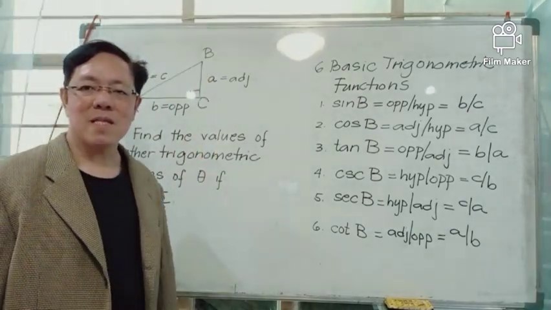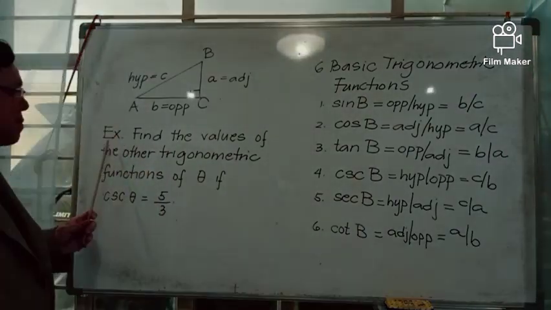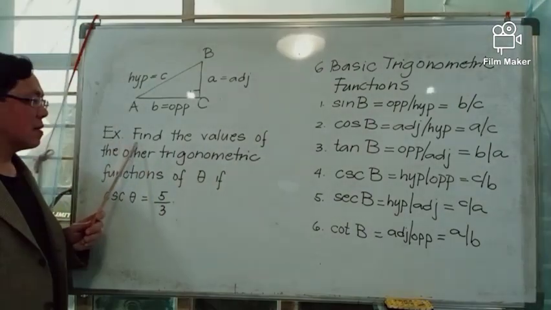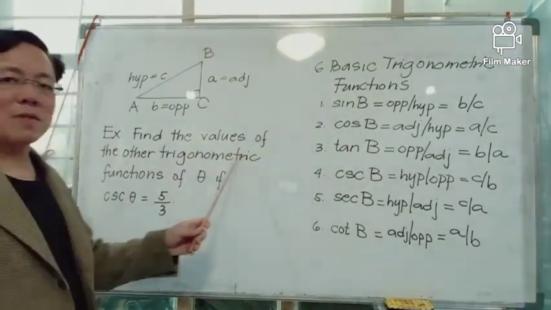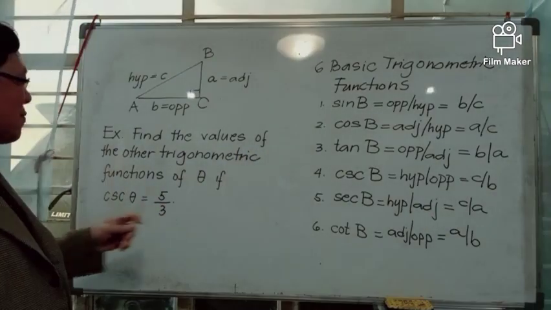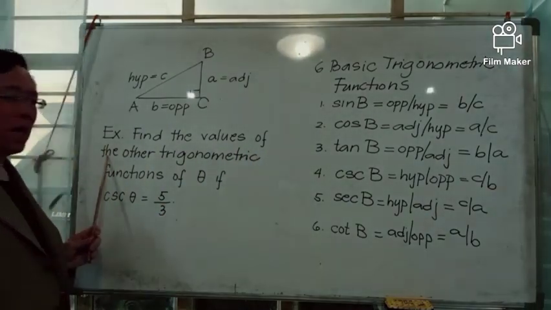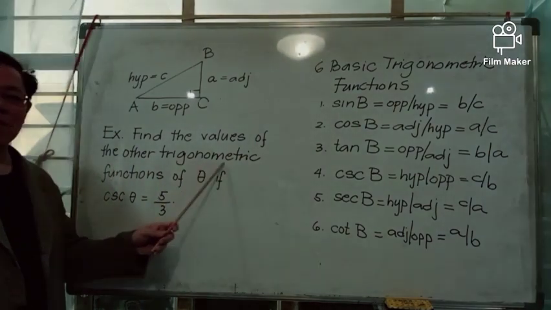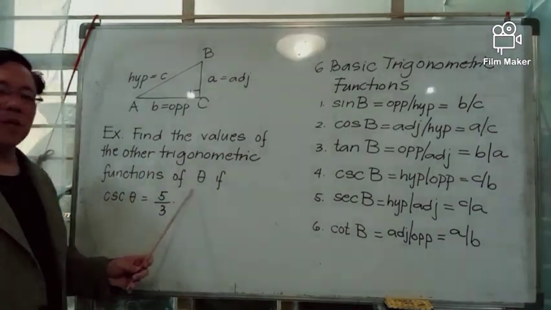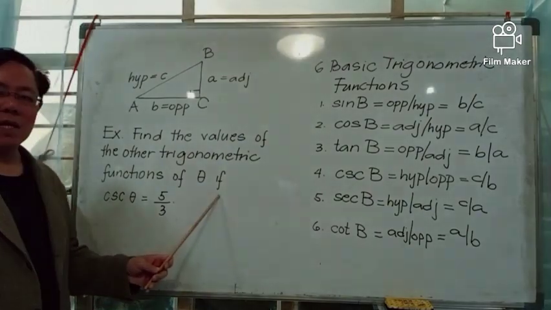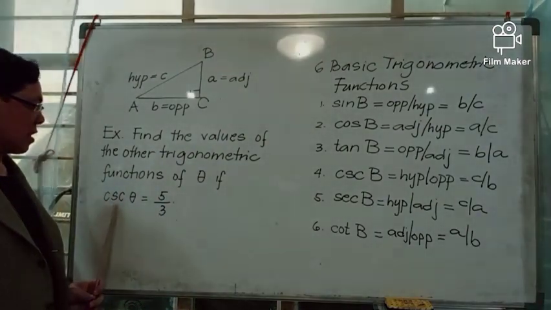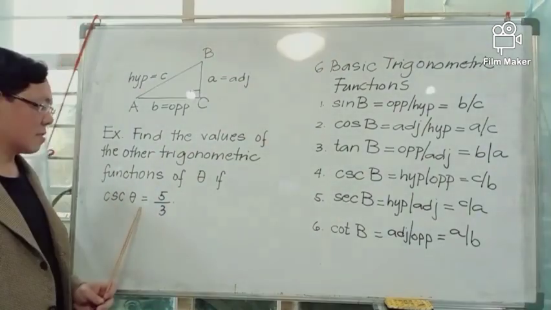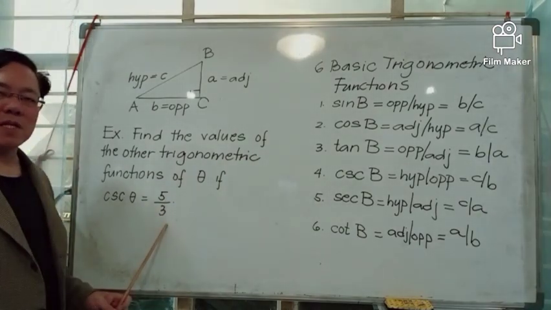We take another example. Find the values of the other trigonometric functions of theta if cosecant of theta equals 5 over 3.